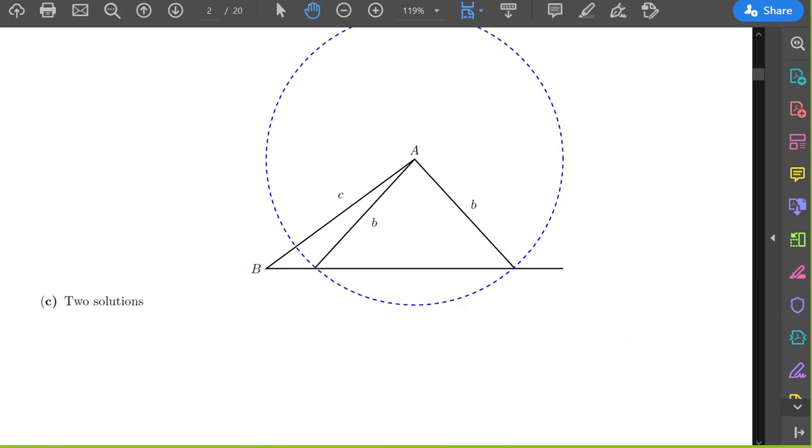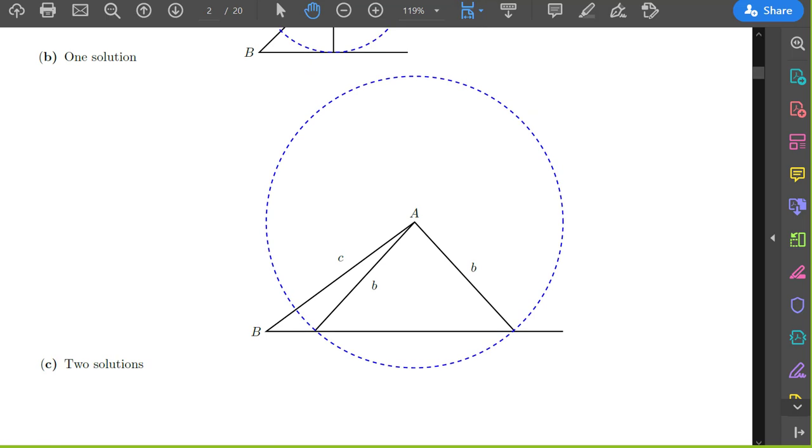The last possibility for side-side-angle, we have angle B fixed again, is now imagine side B is long enough that when it spins around, it touches side A out here, but it goes down below side A, and then on its way back up, it would touch it again. In which case, it would make two different triangles.